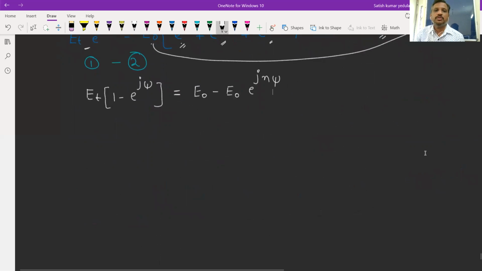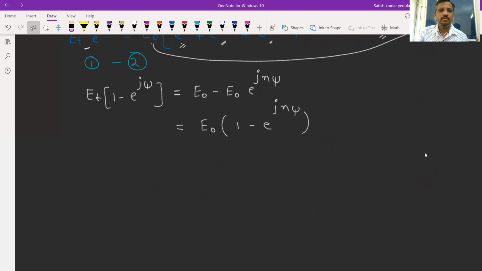We will take out E naught common. So this is E naught into 1 minus e power jn psi. This is now Et into 1 minus e power j psi.